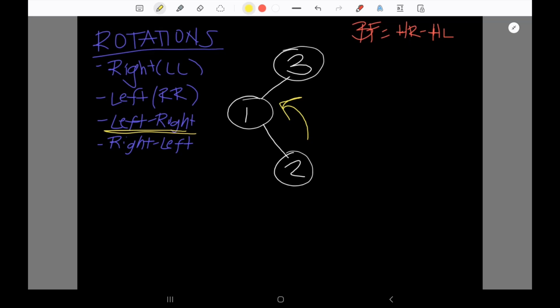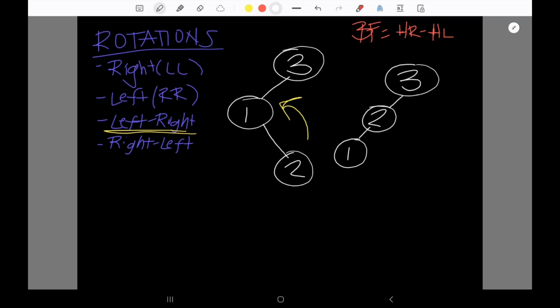If we rotate it to the left, 2 now becomes the child of 3. So 3, 2, and 1. We're not gonna put 1 here because it is less than 2. So here.